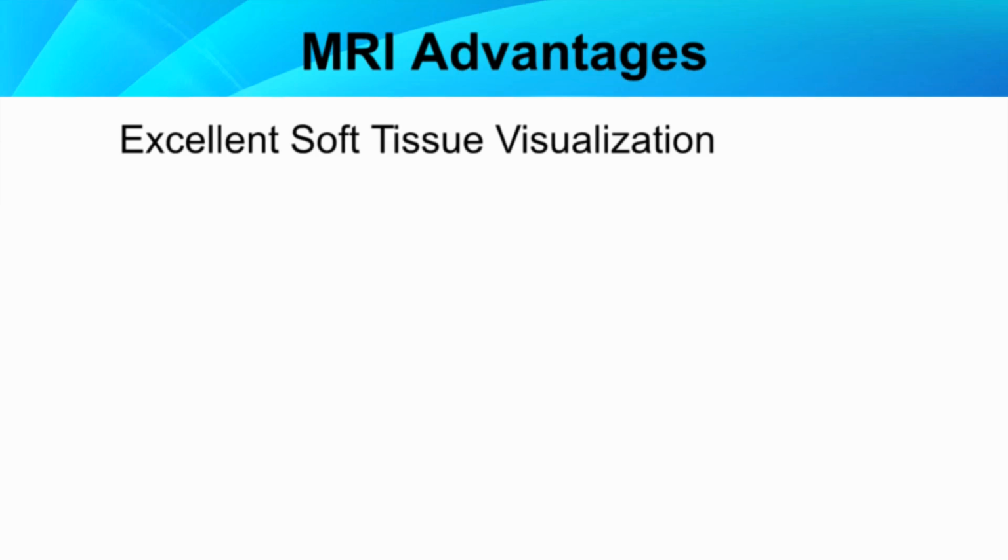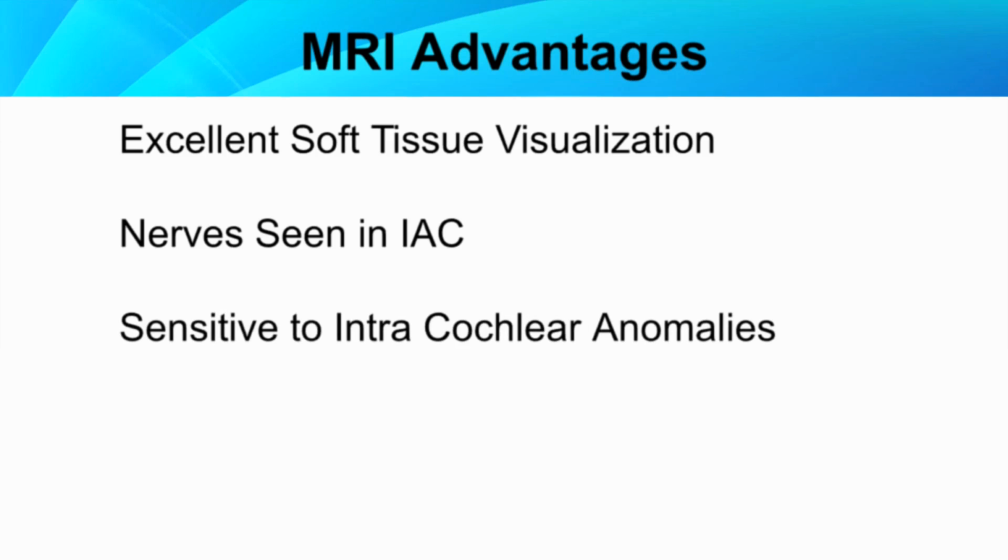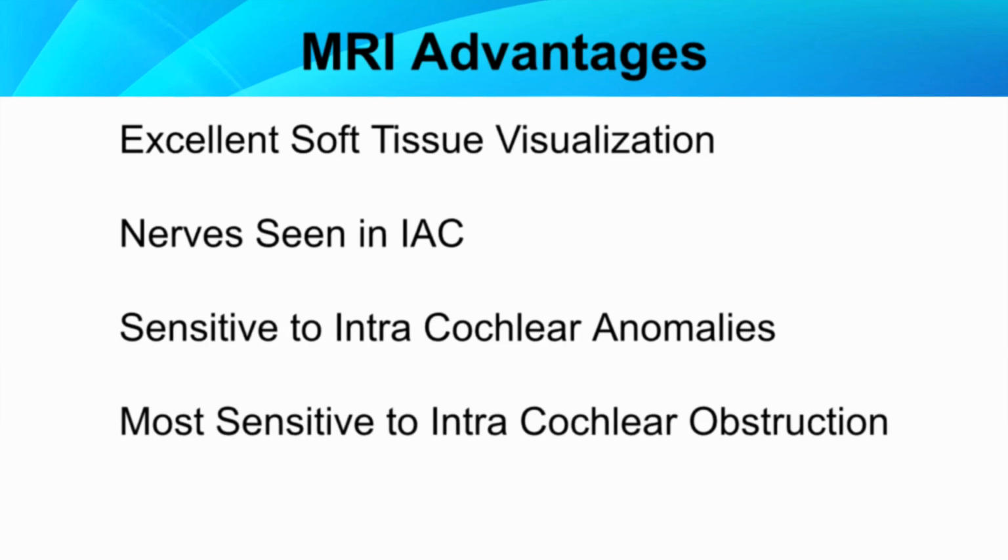When magnetic resonance imaging is performed to assess cochlear implant candidacy, heavily T2-weighted images are the most useful. The principal advantage of MRI is excellent soft tissue resolution. MRI can directly ascertain the presence of cochlear nerves and is more sensitive to intracochlear anomalies. It is also most sensitive to endocochlear duct obstruction because the absence of fluid signal can detect fibrous or soft tissue ductal obstruction.